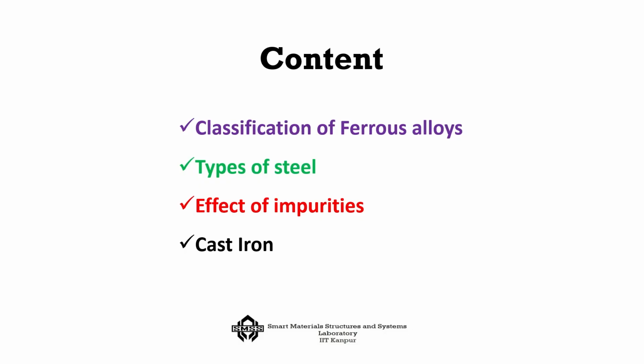Okay. So, every possible variant that has been designed has a very important role in terms of developing any mechanical system. So, I will talk about classification of ferrous alloys, types of steel, effect of impurities and cast iron.